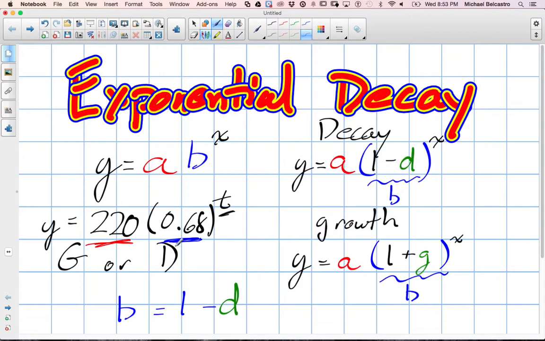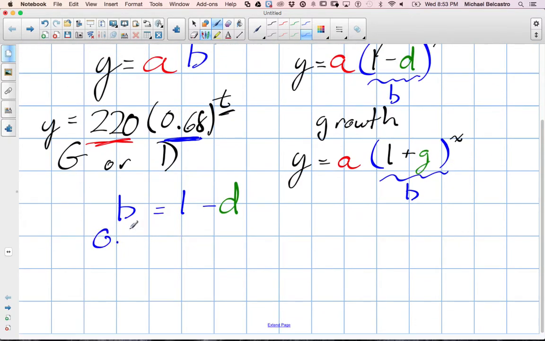Do we know what the b value is in this question? 0.68. Yeah, 0.68 is equal to 1 subtract d. Well, I have one variable now, so I can solve for it. I'm going to isolate d to find out what the decay rate was. So I move 1 to the other side, and 0.68 minus 1 equals negative d.